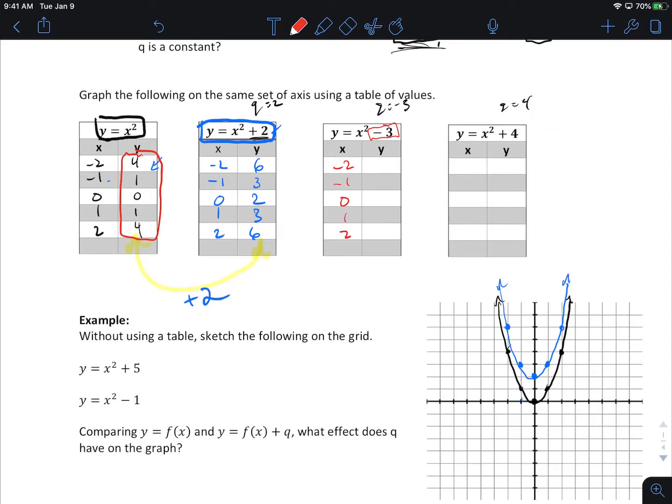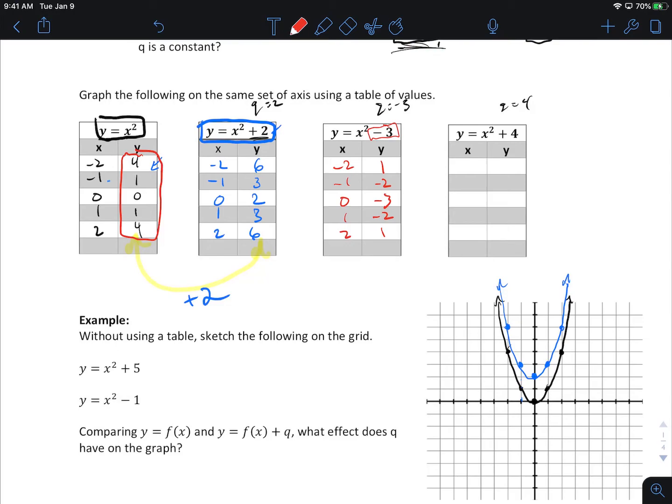So 4 minus 3 is going to be 1. 1 minus 3 is -2. 0 minus 3 is -3. 1 minus 3, -2. And 4 minus 3 is 1. And then I go plot those.